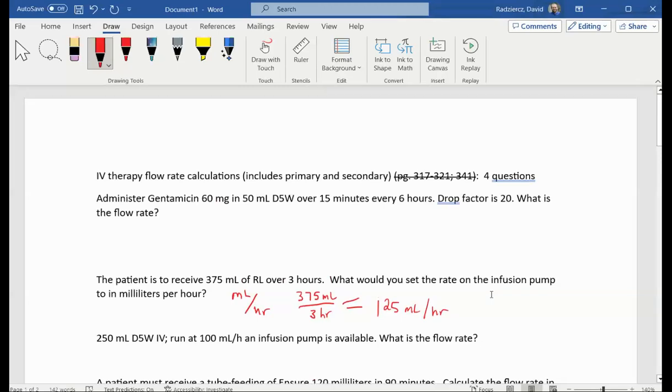In generalities, you're always thinking about rounding, but there are two times specifically that you do not round, or at least you don't round to the nearest tenth for a whole number type question. That's when you're dealing with drops, because you can't give somebody a decimal drop. You can give somebody 257.1 milliliters.